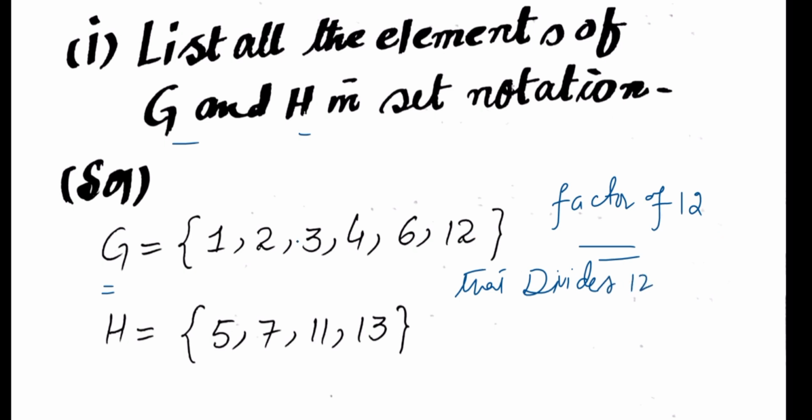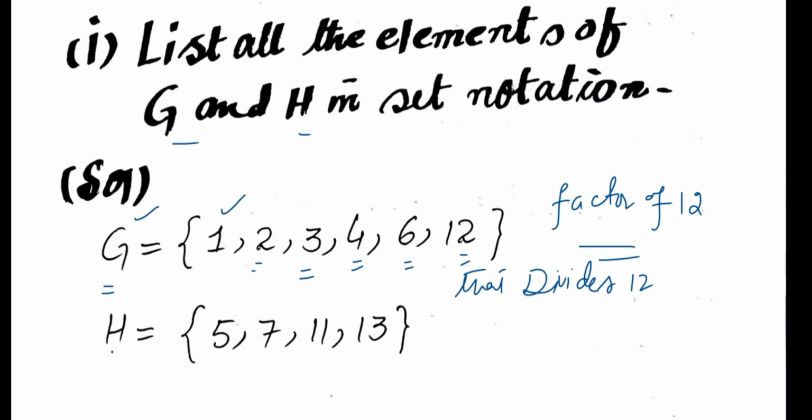So the first integer that divides every other integer is 1. The second factor is 2. 2 also divides 12. 12 is also divisible by 3, 4, 6 and 12. So these integers are the factors of 12 and are the elements of set G.